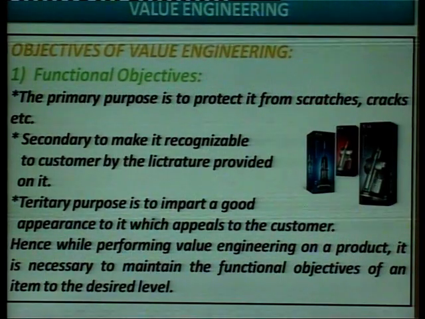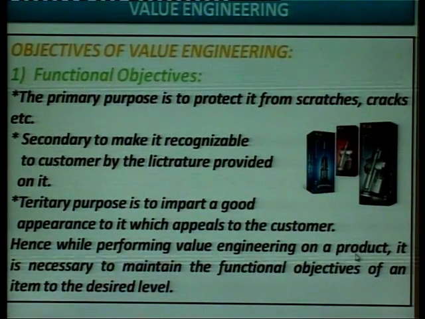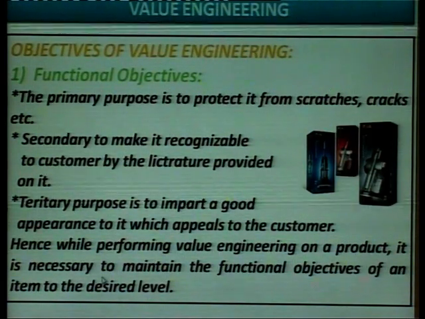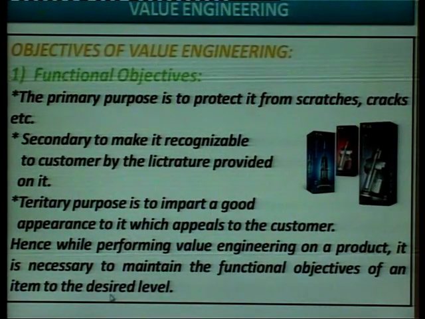Tertiary purpose is to impart a good appearance to it, which appeals to the customers. Hence, while performing value engineering on a product, it is necessary to maintain the functional objectives of an item to the desired level.